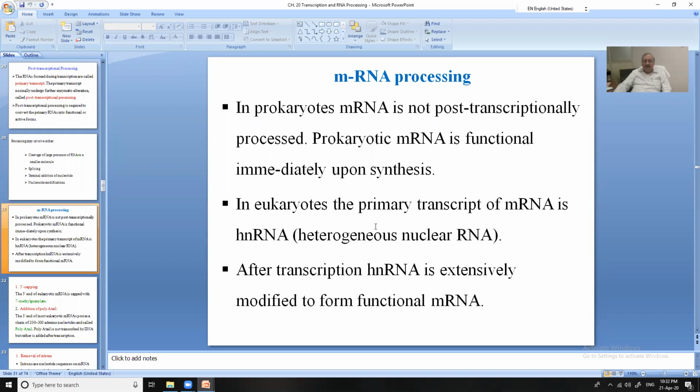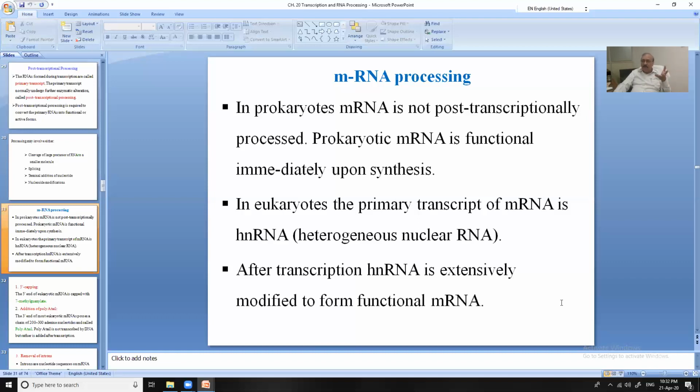In eukaryotes, the primary transcript of messenger RNA is heterogeneous nuclear RNA. In eukaryotes, messenger RNA is synthesized like heterogeneous nuclear RNA. After transcription, this hnRNA is extensively modified to form functional messenger RNA.